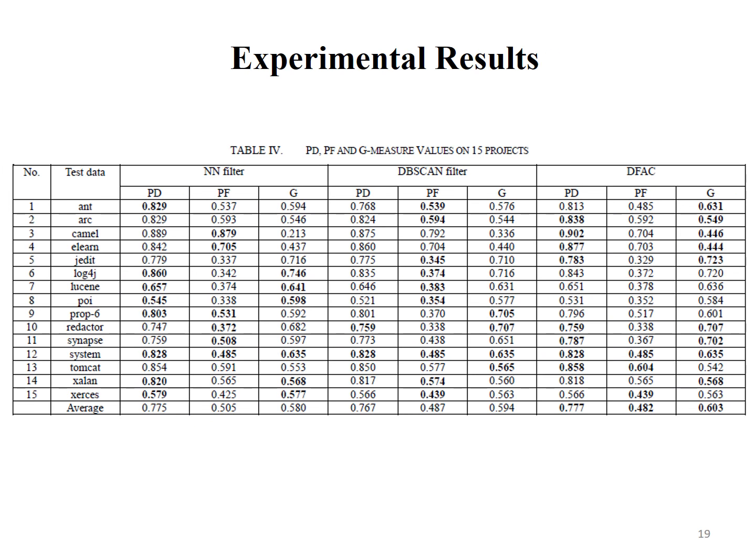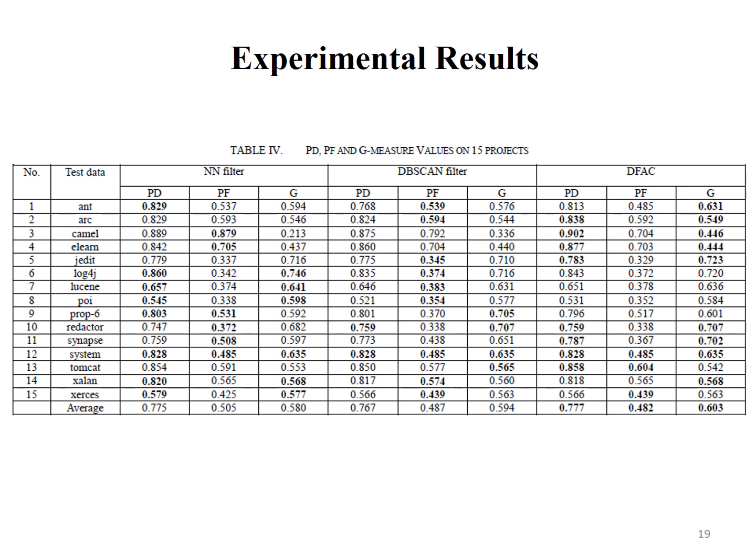The comparison results of 5 projects with the NB classifier on PD, PF, and G measure are summarized in Table 4. Table 4 shows that DFAC has better average PD and PF values than all the other data filtering methods.